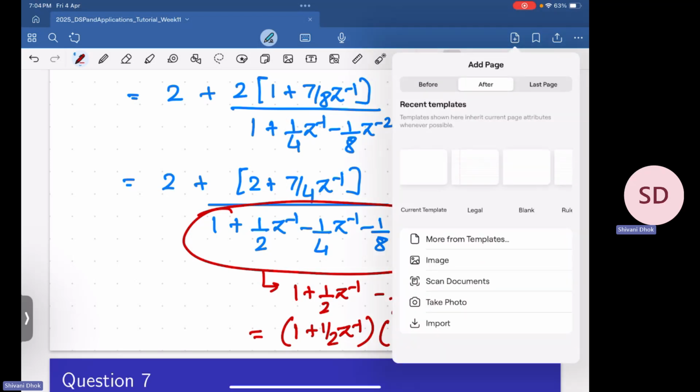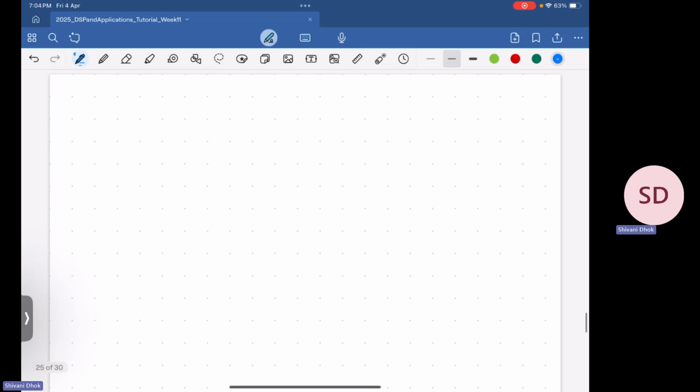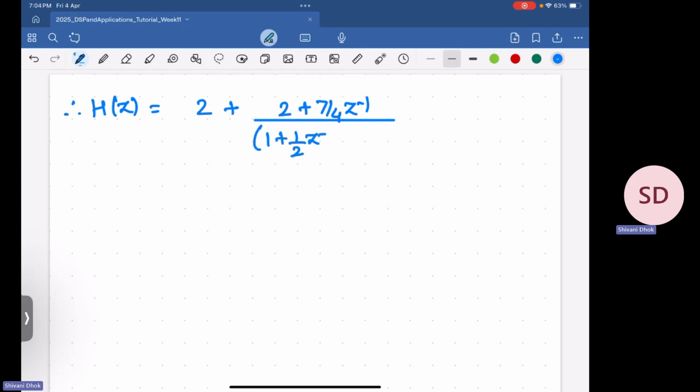So therefore this H of z is equal to 2 plus 7 by 4 z inverse divided by 1 plus 1 by 2 z inverse into 1 minus 1 by 4 z inverse. Okay, 1 by 4, sorry.